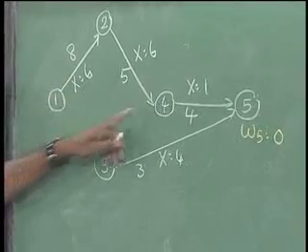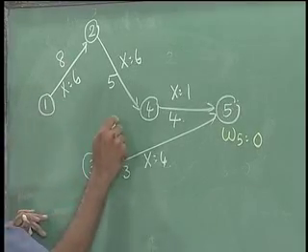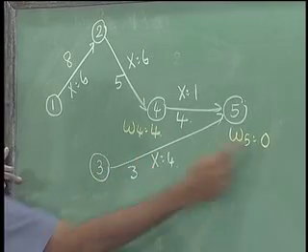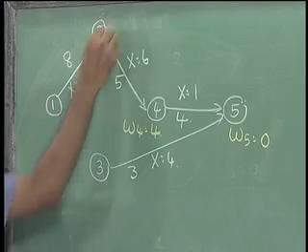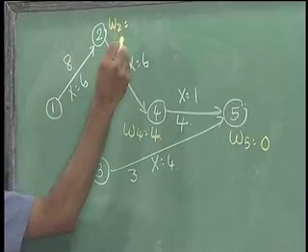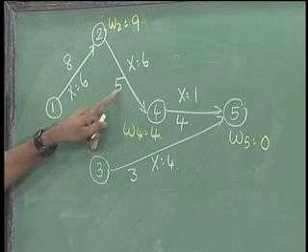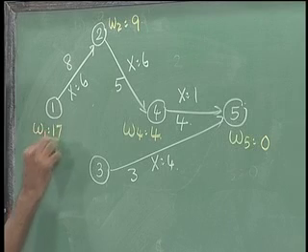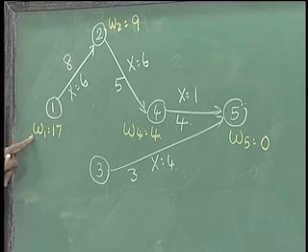and we use the condition Wi minus Wj is equal to Cij. Therefore, W4 will become 4, 4 minus 0 is 4. Now, Cij is 5 here. So, W2 will be equal to 9, 9 minus 4 equal to 5, and here W1 will be equal to 17, 9 plus 8 is 17.